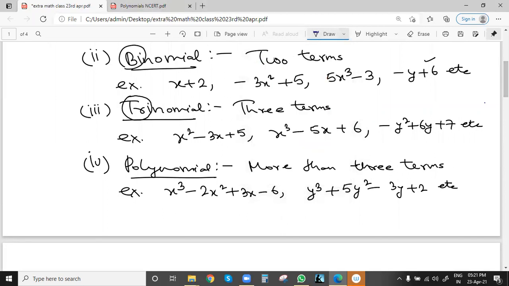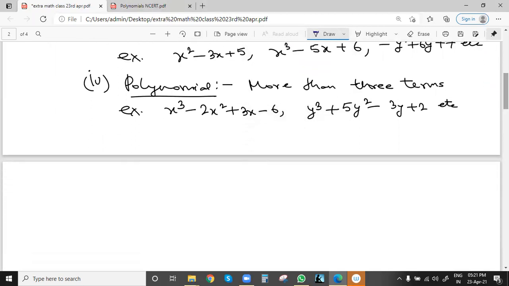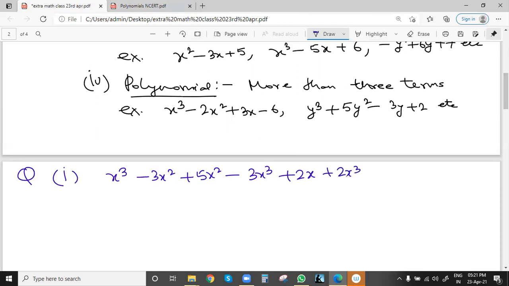Suppose we have a question where we have to tell what type of polynomial it is. First one: x cube minus 3x square plus 5x square minus 3x cube plus 2x plus 2x cube minus 3x square minus 5.